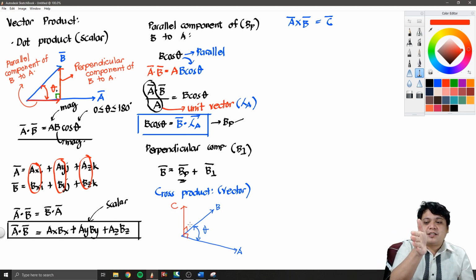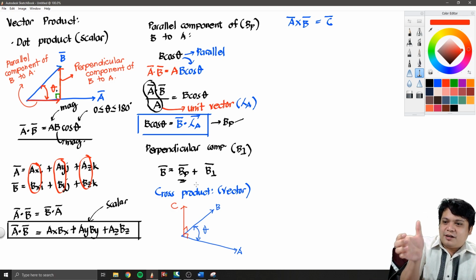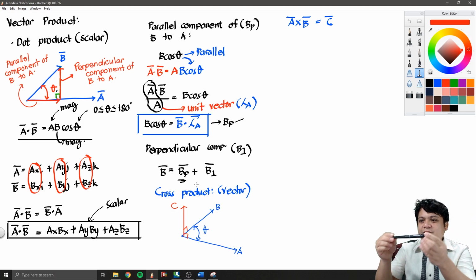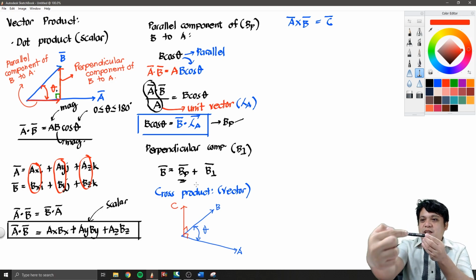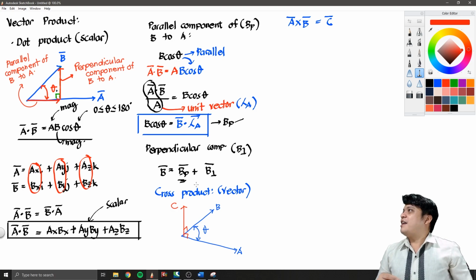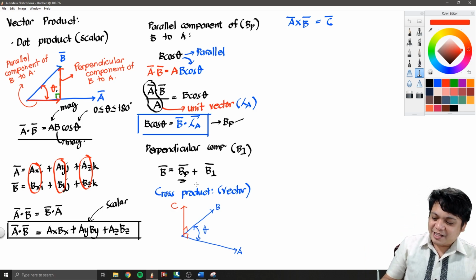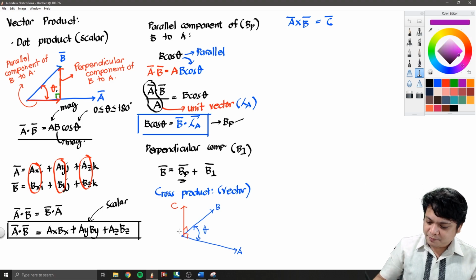Okay? So, for example, right thumb ko, A cross B. Ito si A, ito si B. Okay, sige, tatry kong i-drawing ng kamay.